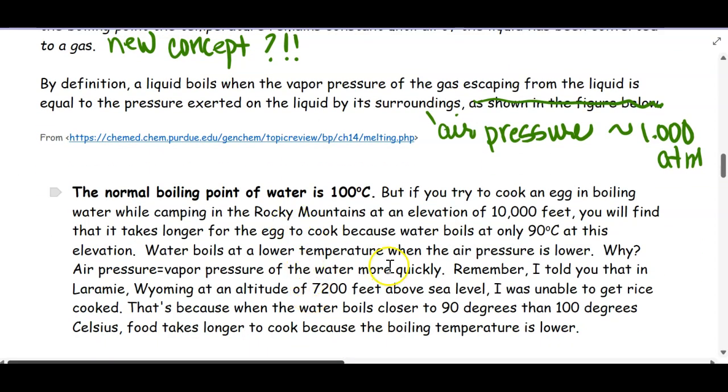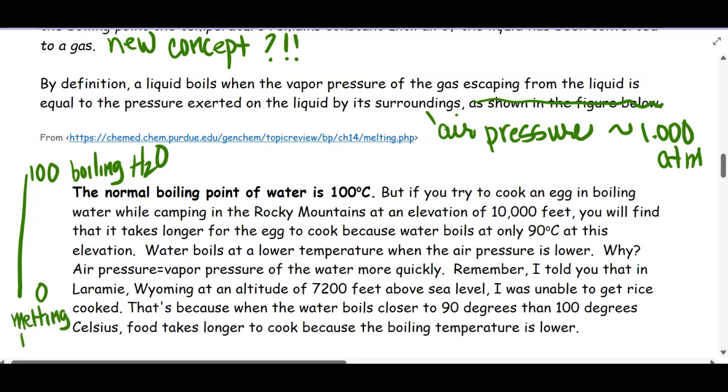Now, the normal boiling temperature of water is 100 degrees Celsius. Originally, thermometers were made from 0 to 100 because this temperature was the boiling of water, and this was the melting or freezing of water. That's how they created the temperature scales.